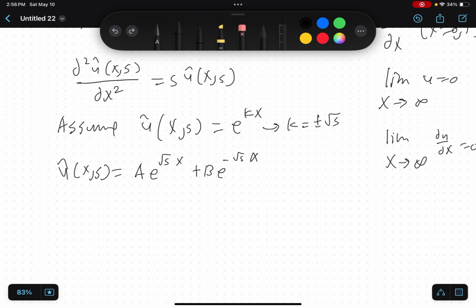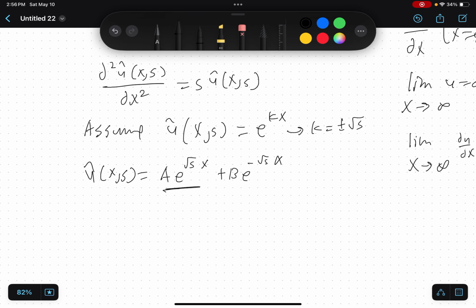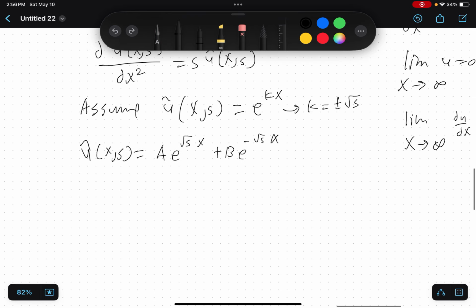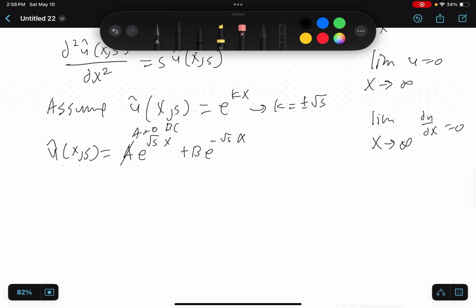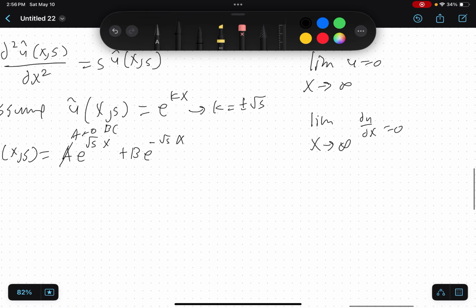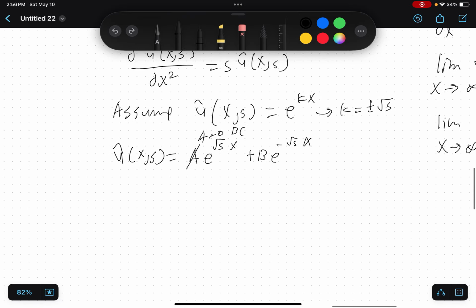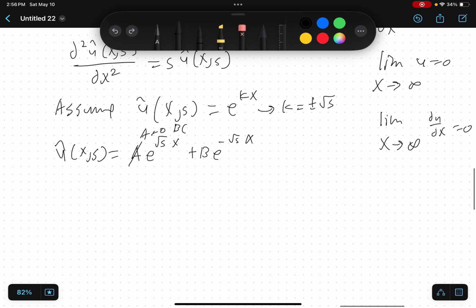Plug in infinity, it should go to 0. If you plug in infinity to this, it goes to infinity. If you plug in infinity to this, it goes to 0. So we have to say a equals 0 because of the boundary condition. I think this one will satisfy as well. We don't even have to change anything.